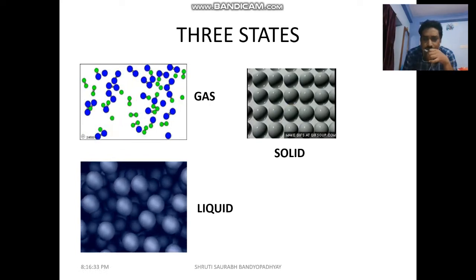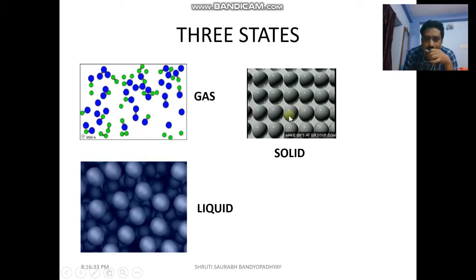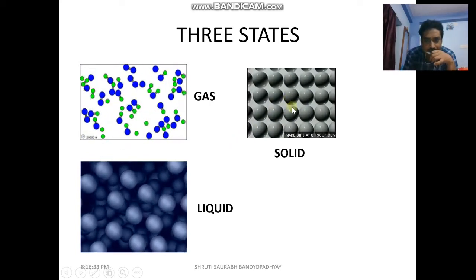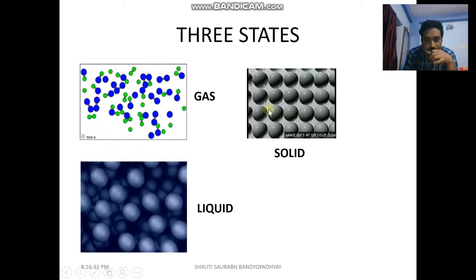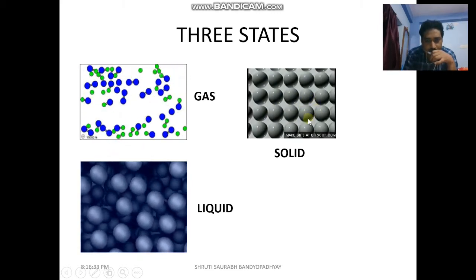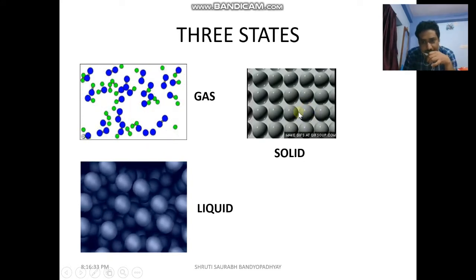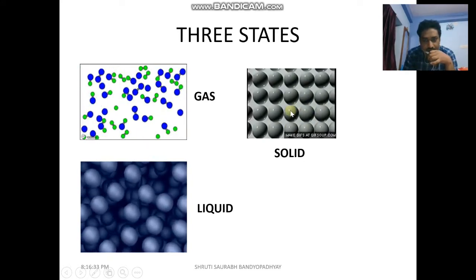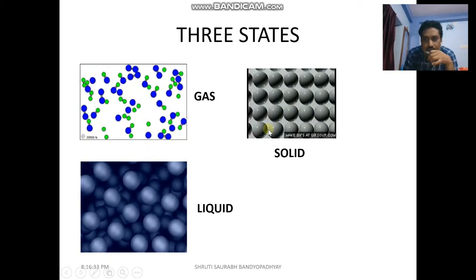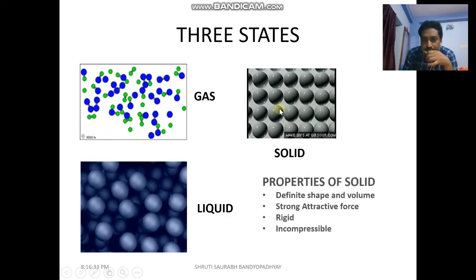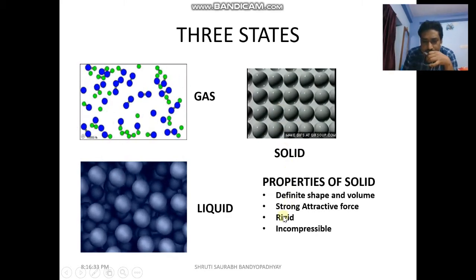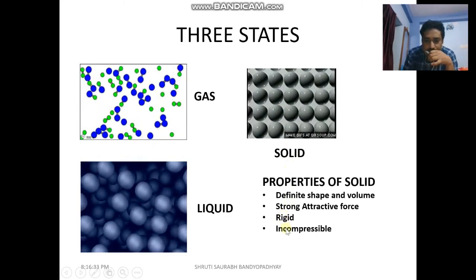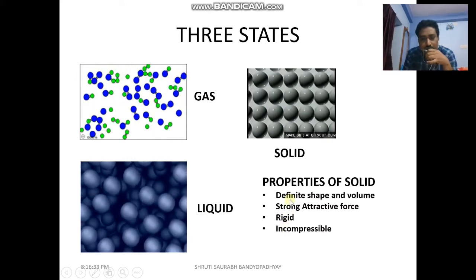Strong attractive force hold these particles together in fixed places. They occupy definite positions and vibrate around a mean position. That is why we can say that solids are rigid, incompressible, and have definite shape and volume.